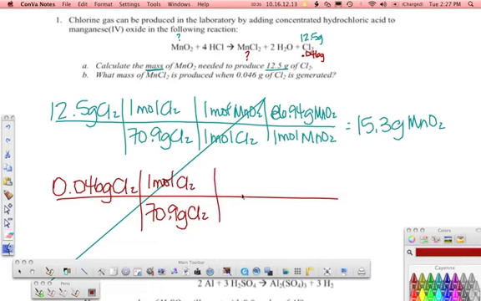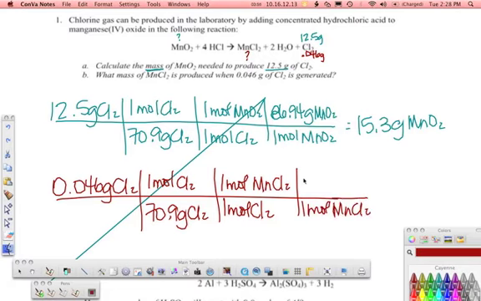And it's this step right here where we do the mole ratio, where instead of converting from moles of chlorine to moles of manganese oxide, we're going to do our moles of chlorine to moles of manganese chloride. And then molar mass. Molar mass of this is 125.8.